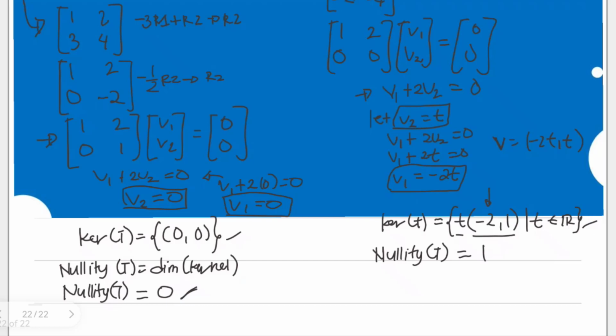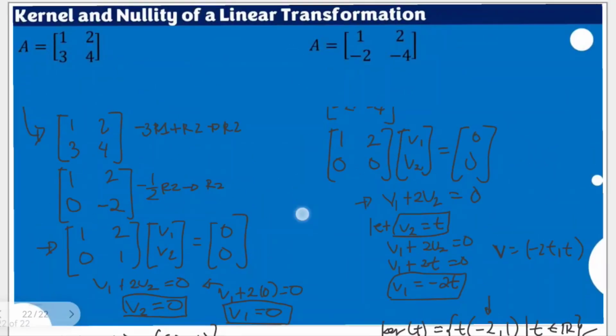Here we have this set for the kernel of T, and aside from when multiplied by a certain t, you only have one vector here. So the nullity of T is just 1. This is how we solve the kernel and nullity of a linear transformation using matrices. Thank you very much for watching.